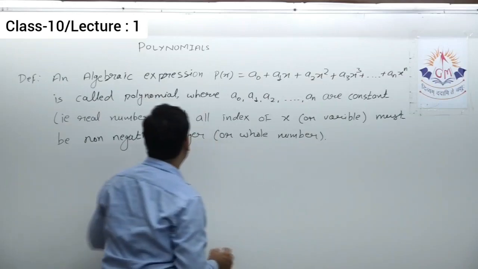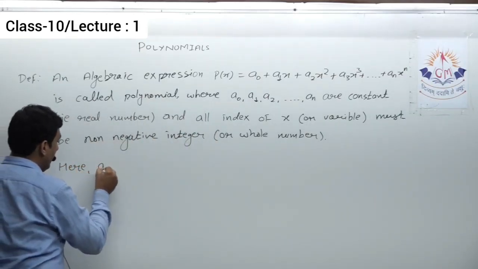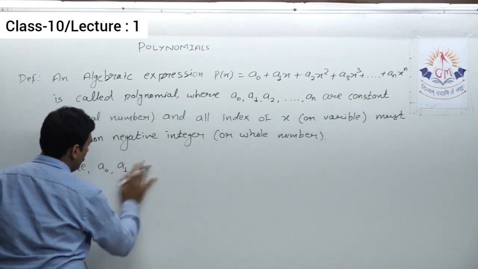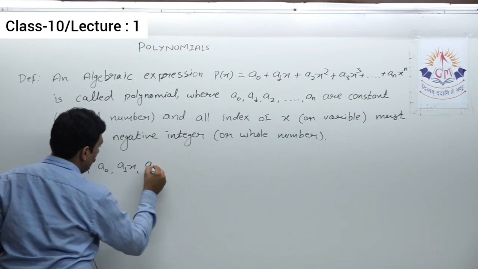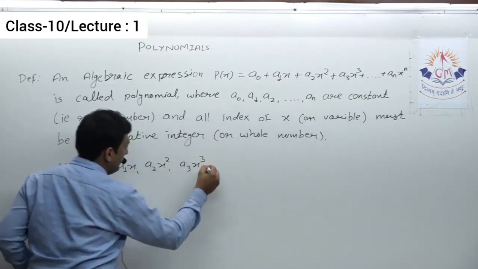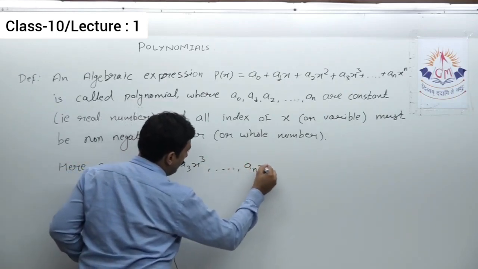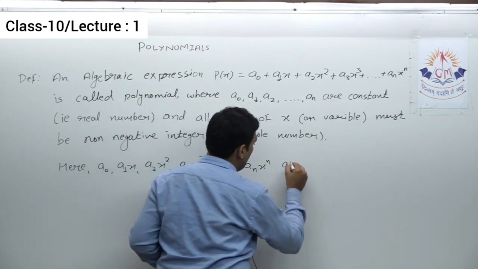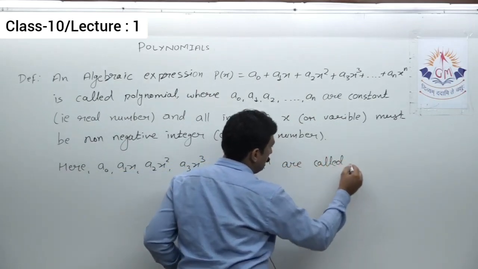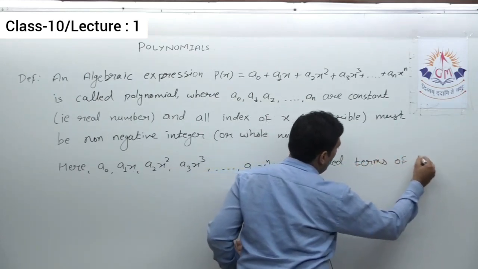Now next, here a0, a1x, a2x square, a3x cube up to an x raised to n are called terms of polynomial.